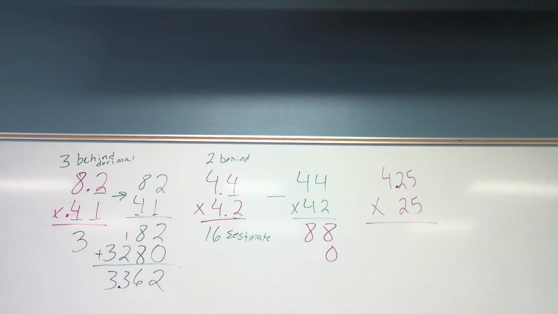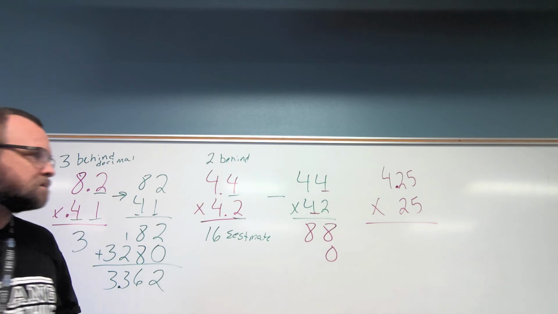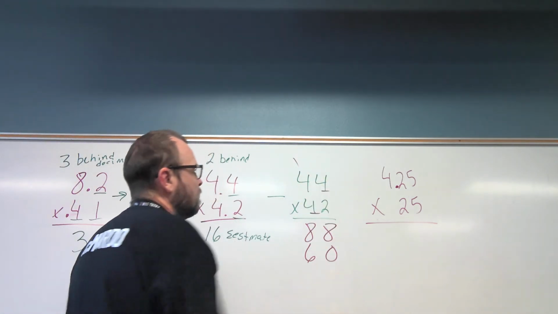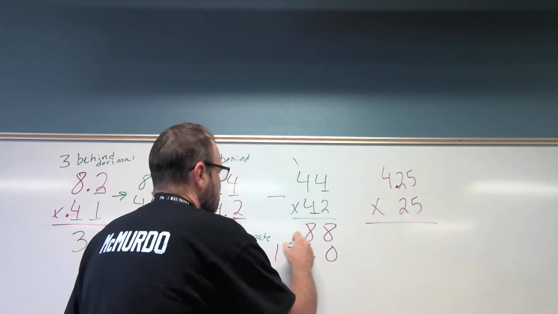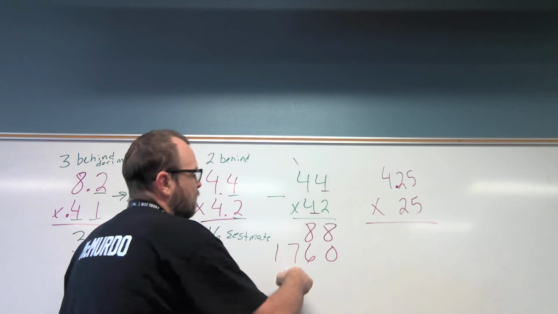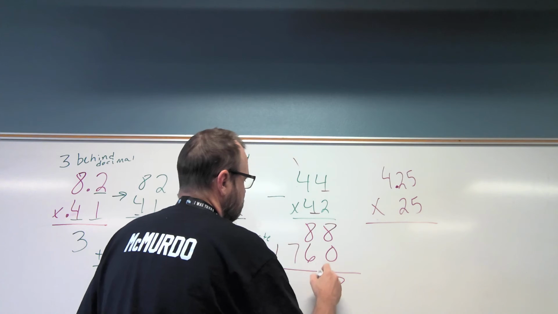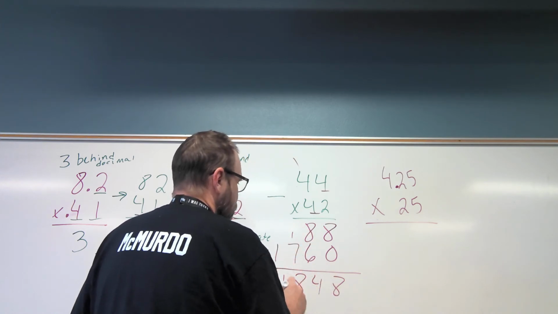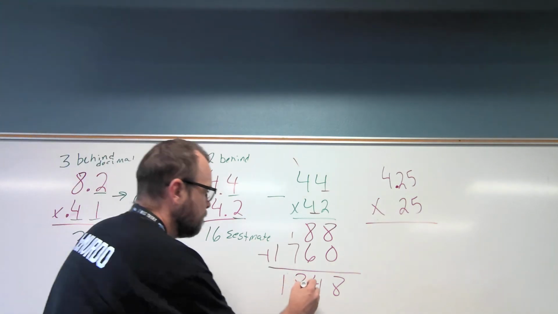Gotta put my 0 in the ones place because I'm moving to my tens place. 4 tens times 2 is 8 tens. 4 tens times 4 tens is 16 hundreds. Add that together: 8, 4, 8, 1.